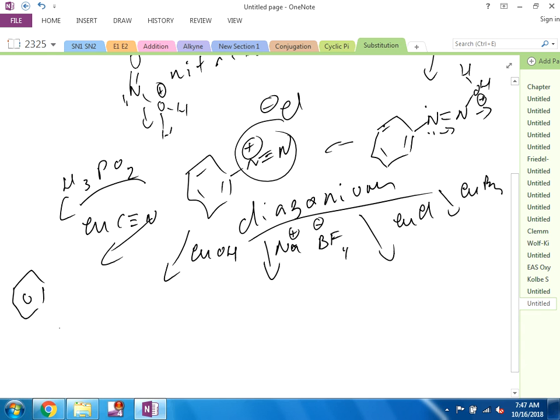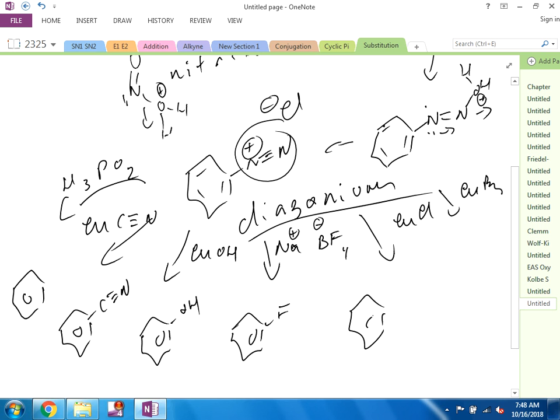And of course, with the copper cyanide, you would put in cyanide. With the copper hydroxide, you would put in hydroxide. And with the sodium tetrafluoroborate, you would make fluorobenzene. With the copper chloride, you would make chlorobenzene.